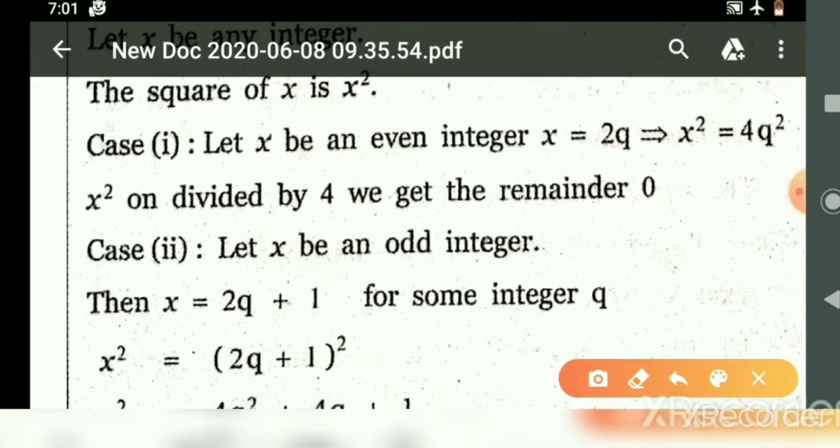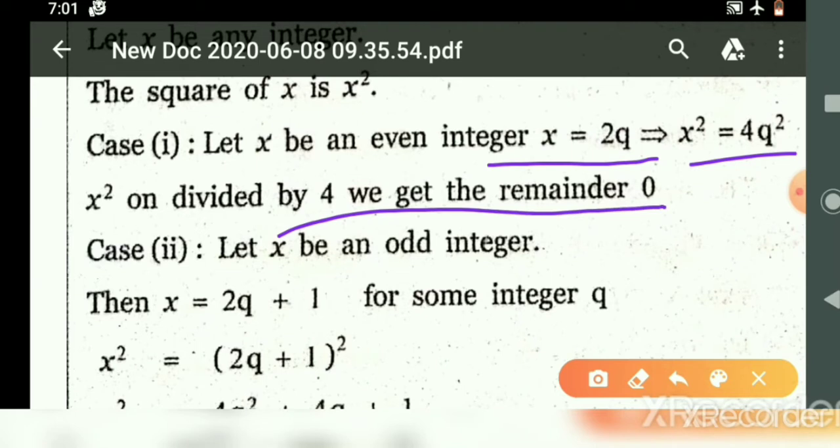Case 1: let x be an even integer, that is x equal to 2q, even means a multiple of 2. Then x square is equal to 4q square. So x square is exactly divided by 4, and the remainder is 0.